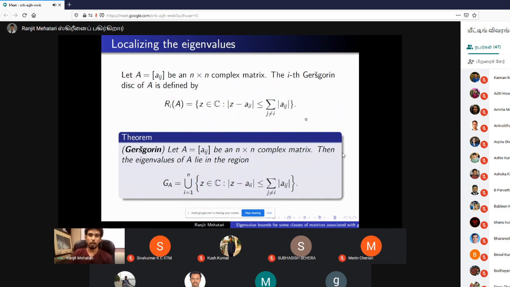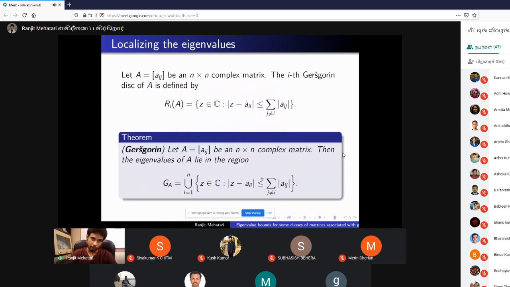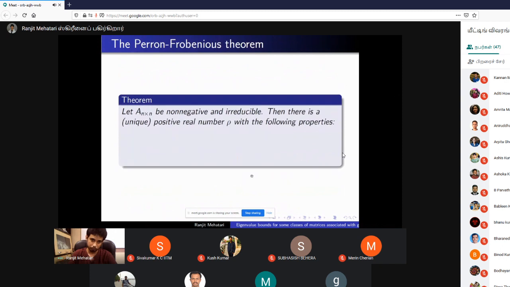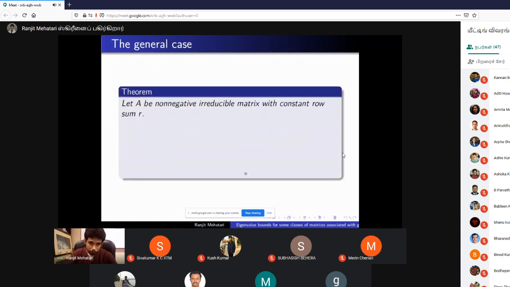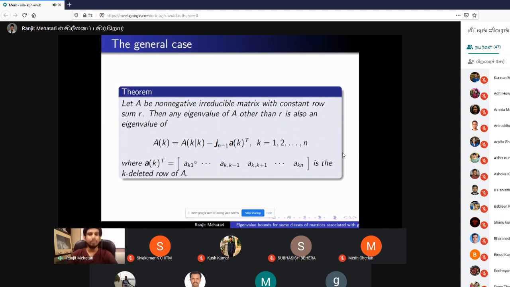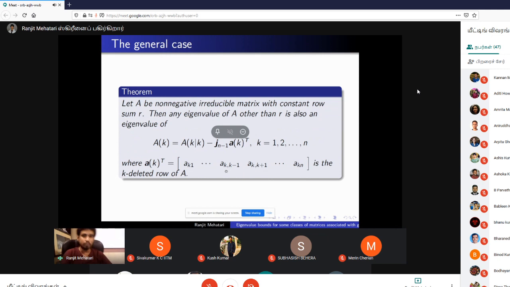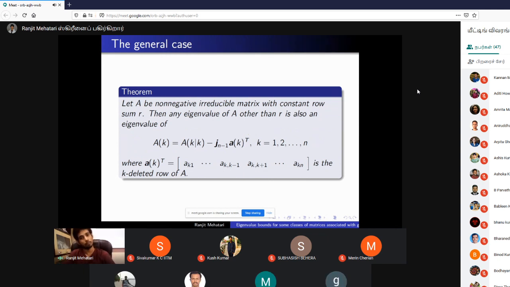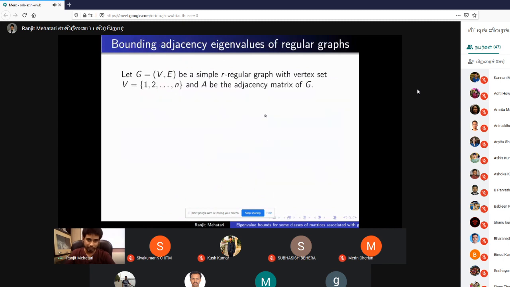But after using that result, we actually get a non-trivial bound for the normalized adjacency matrix, which can be stated as follows.